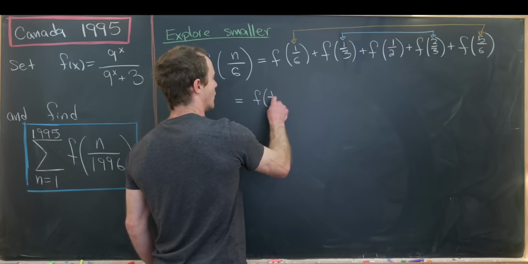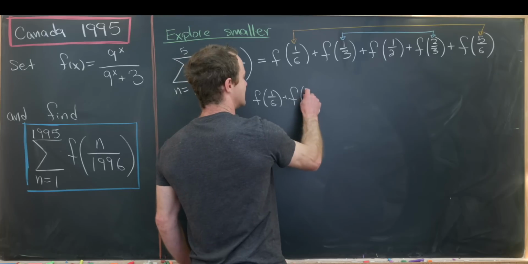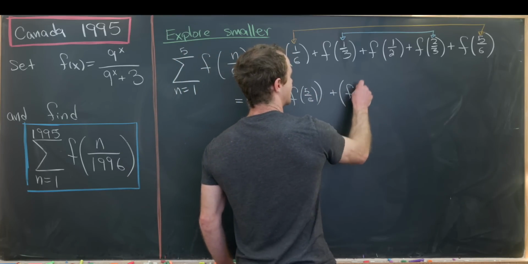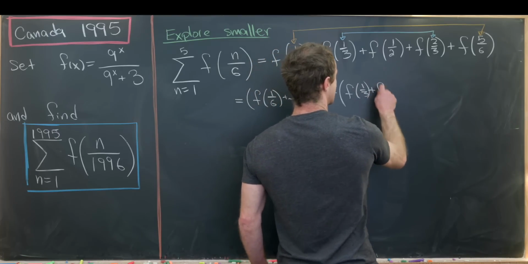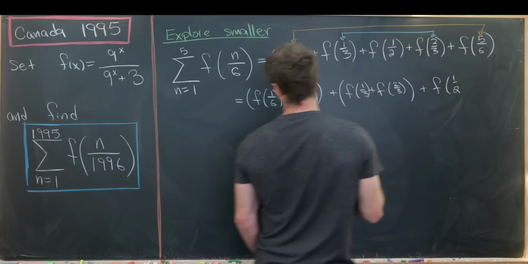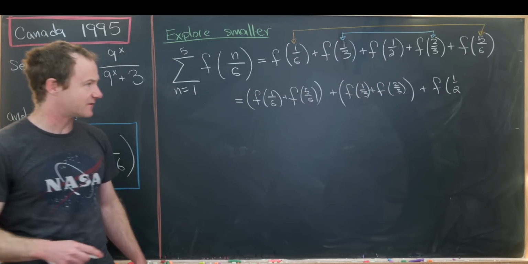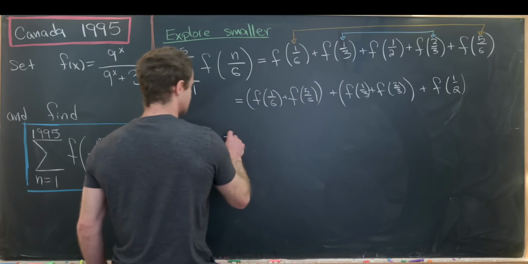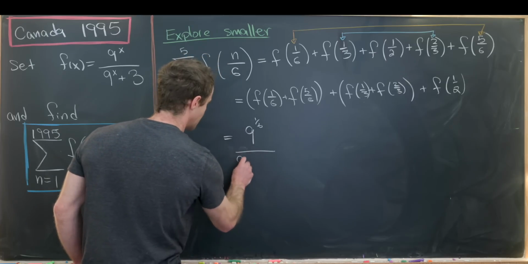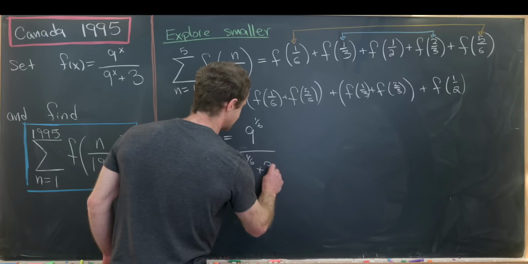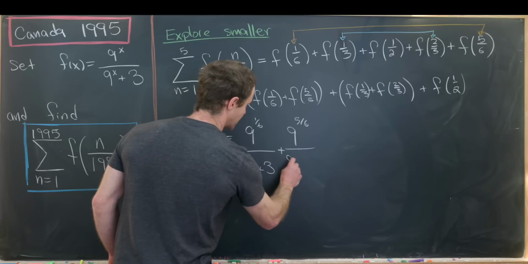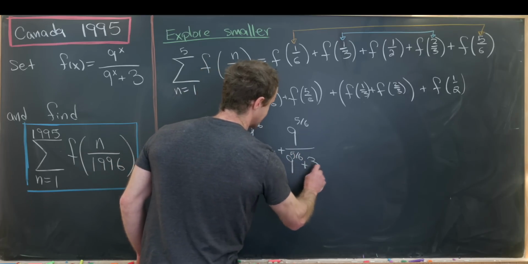So we've got f of 1/6 plus f of 5/6. Like I said, we'll group those together, and then plus f of 1/3 plus f of 2/3, and then plus f of 1/2. And now let's stick these into the function and see what happens. So this is going to be 9^(1/6) over 9^(1/6) plus 3, plus 9^(5/6) over 9^(5/6) plus 3.